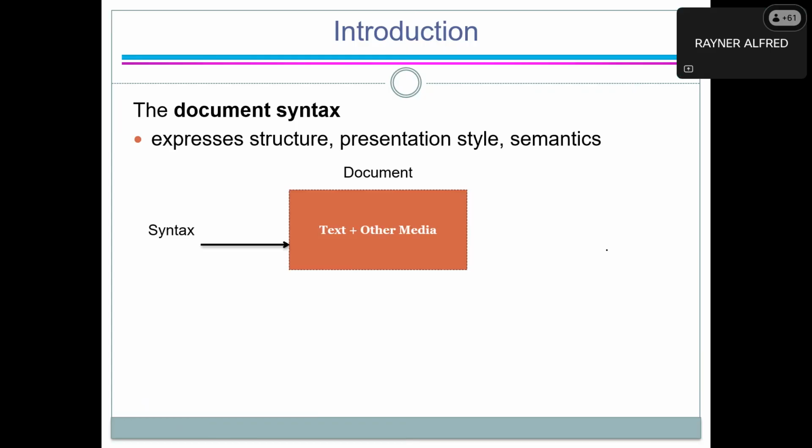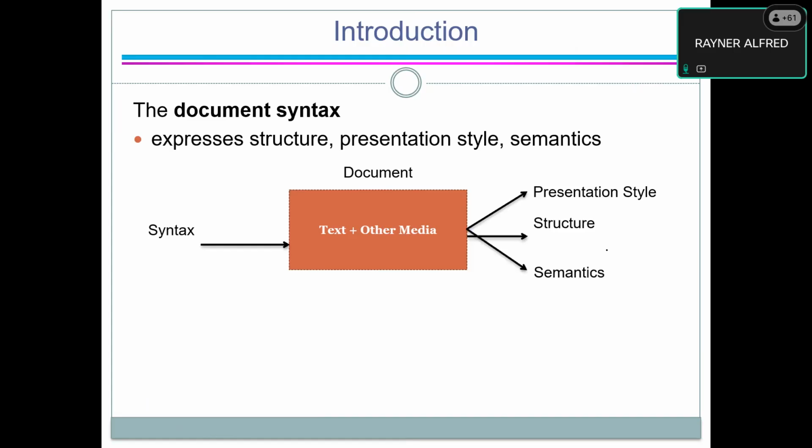So you must know what is the syntax, what is the structure. The structure will give you the presentation style, the structure, and also the semantics. So these are the 3 things that will be extracted from the syntax.